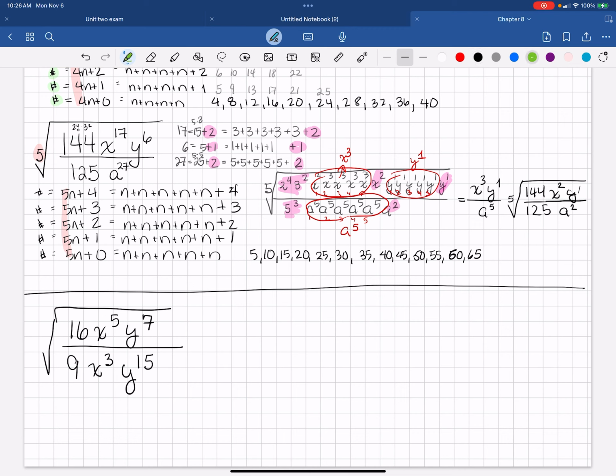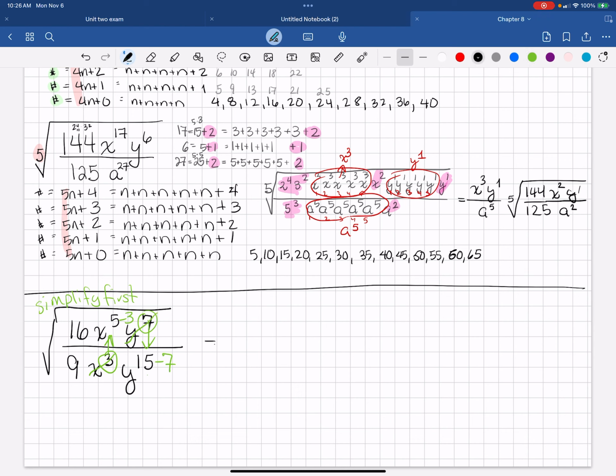In this case, you can simplify first. So I see this is a 3. I'm going to bring it up, and I'll minus 3. Then that cancels out. This 15 is bigger than 7, so I'm going to take the 7 and bring it down. And remember, anytime you move an exponent from below to above, or from above to below, you're still subtracting it to get rid of it.